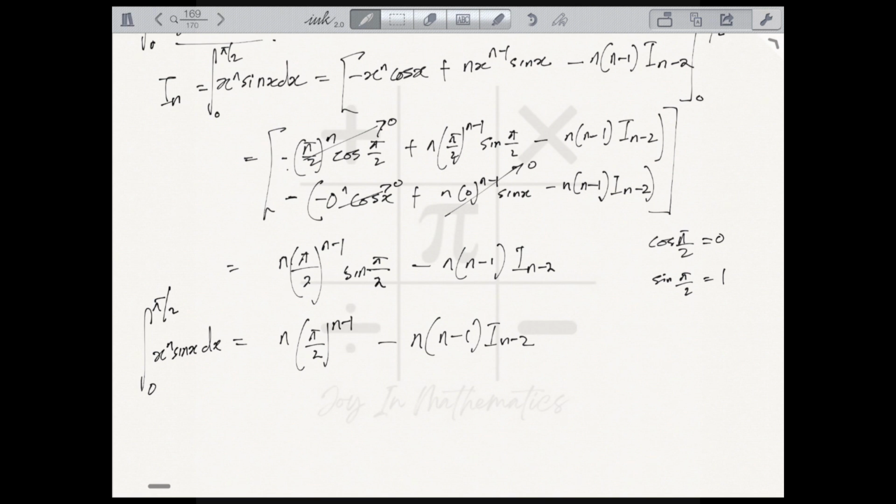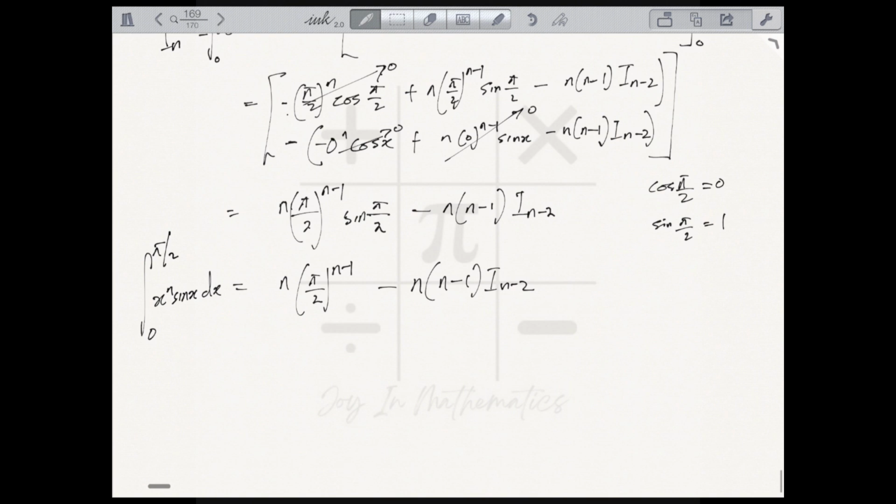And now with this done, we can now evaluate the question. The question says integral of 0 to pi over 2 of 3 theta raised to power 4 sine theta d theta. Now 3 is a constant, it can be brought outside. That's 3 times the integral from 0 to pi over 2 of theta raised to power 4 sine theta d theta.